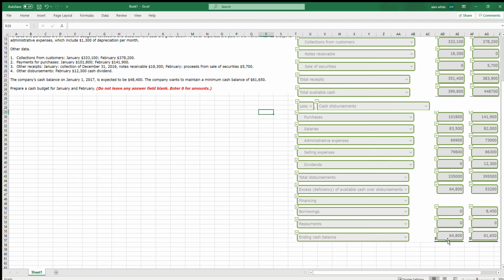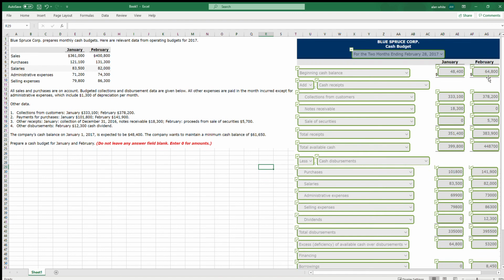Alright, so we're going to take this value and it's going to become the beginning cash balance for the month of February. So those two values are the same here. So 64,800, we can now add that to our total receipts, which we already have. And that'll give us $448,700. Excuse me.